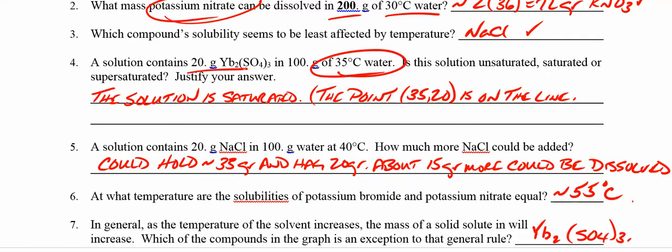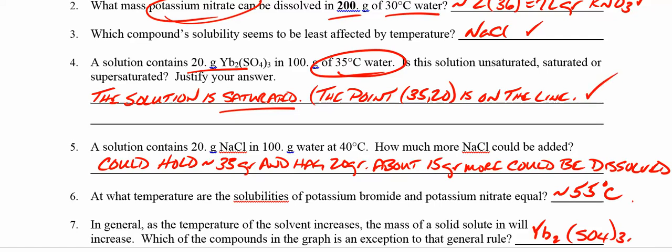That means we're right at 20 grams, which is the saturation limit, the maximum number of grams of solute that can be held by 100 grams of water. So we say that the solution is saturated. It's not unsaturated. It doesn't have less than. If it had 10 or 15 or even 19, it would be unsaturated. But at 20 grams, it's completely saturated. That's what the graph tells us is the maximum that can be held. By the way, if it held 22 or 23, we would call that supersaturated, but that's just not the case. So that's number 4.